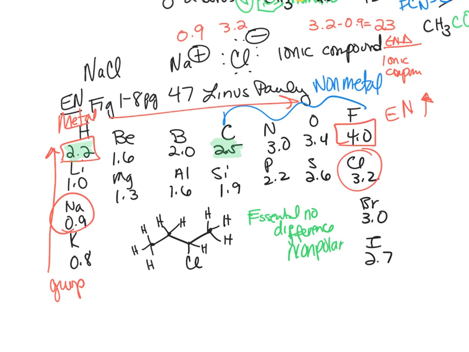But now you have chlorine here, and between the carbon and the chlorine, you have a 3.2 minus 2.5, a 0.7 difference. And so this is going to be a partial positive where the carbon is, and a partial negative with the chlorine.